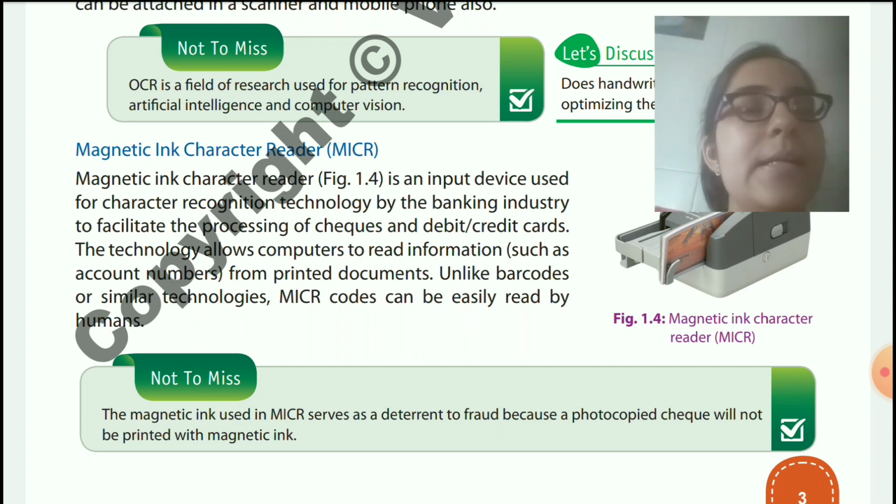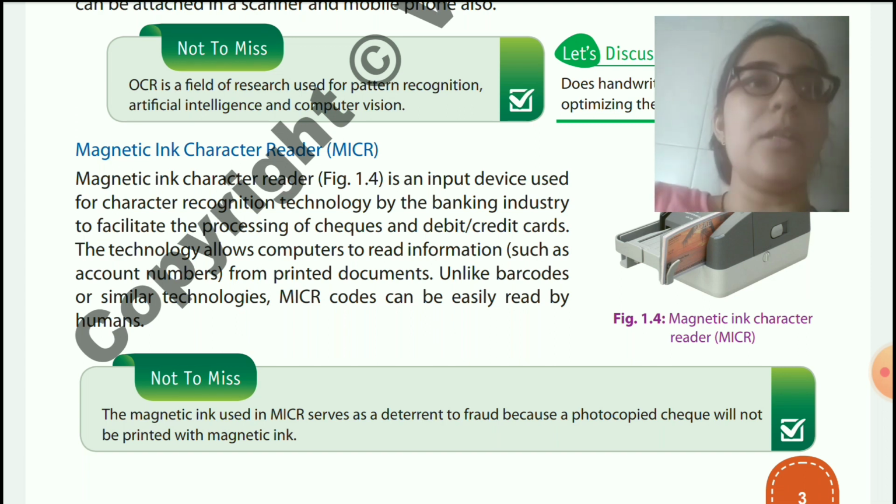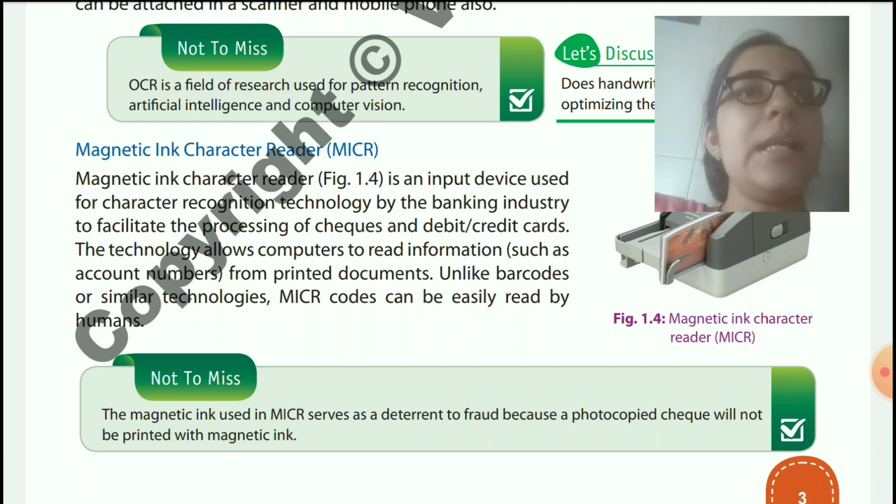For example, it is used in the bank to facilitate the processing of checks and debit credit cards. Unlike barcodes or similar technologies, MICR codes can be easily read by humans. So it is in human readable language. MICR stands for magnetic ink character reader.